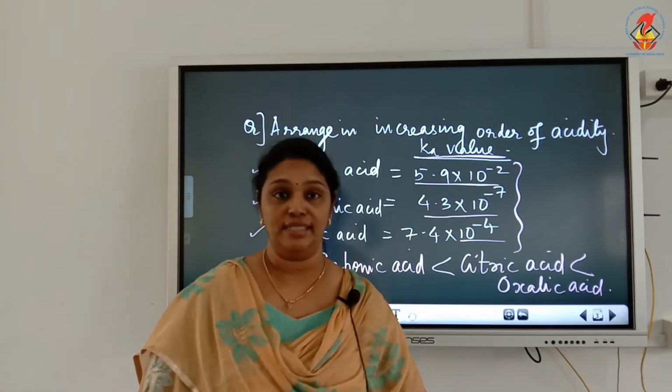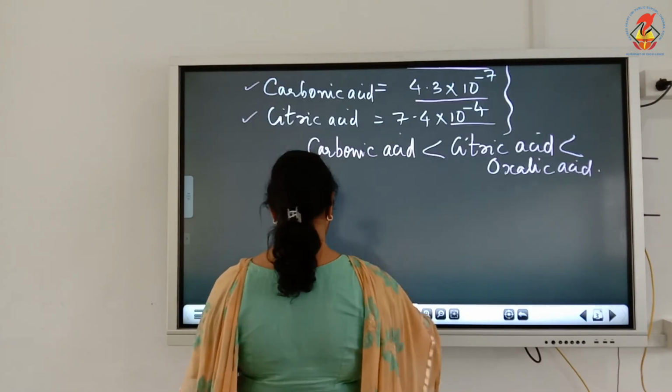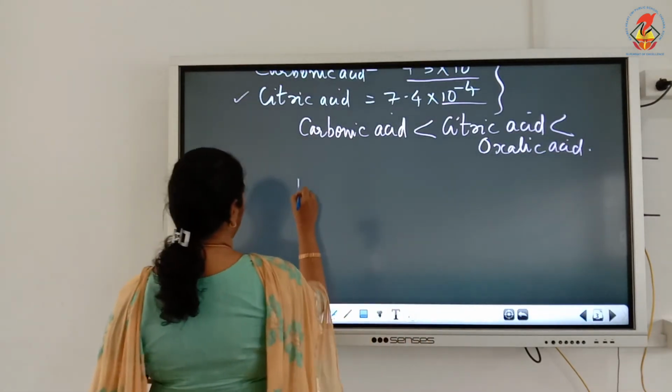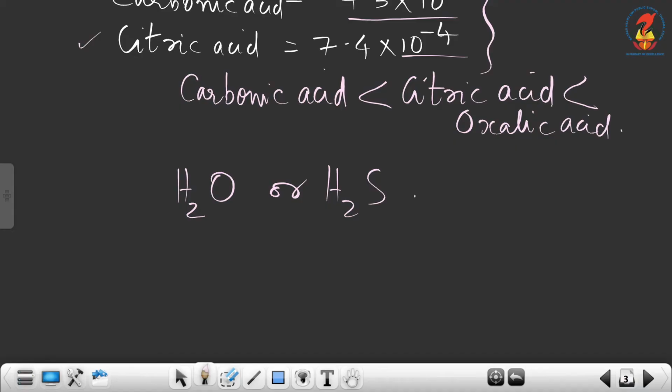Now one more question: which is more acidic, H2O or H2S? The central atom in H2O is oxygen and in H2S is sulfur. And we know oxygen and sulfur come in the same group, group number 16: oxygen, sulfur, selenium, tellurium.